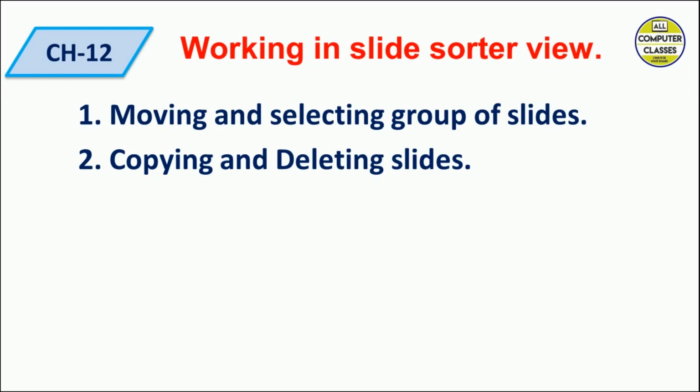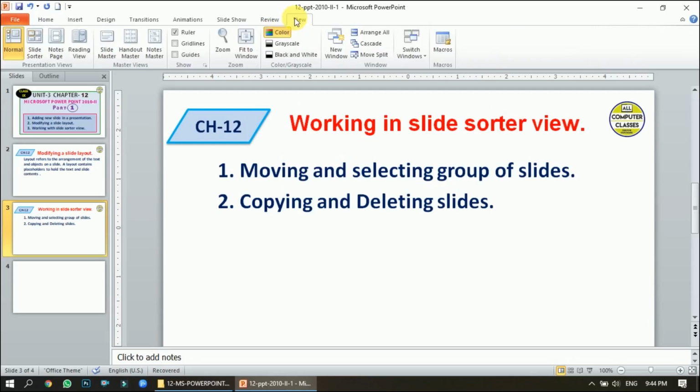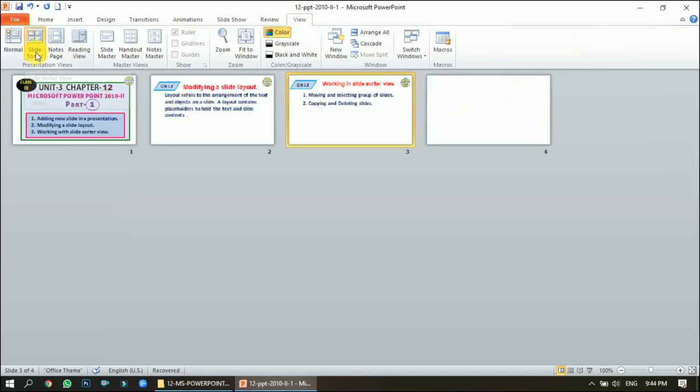The next topic is working in slide sorter view, right? A slide sorter view contains a thumbnail view of all the slides in a presentation. Let me show you. For example, I go to the View tab, and here in Presentation Views I have this Slide Sorter view. All the slides will appear here, right? They are the small miniature pictures of the slides called thumbnails.